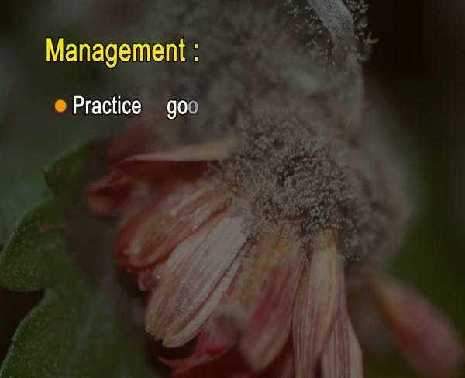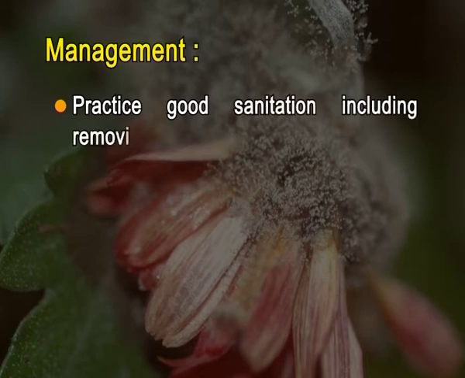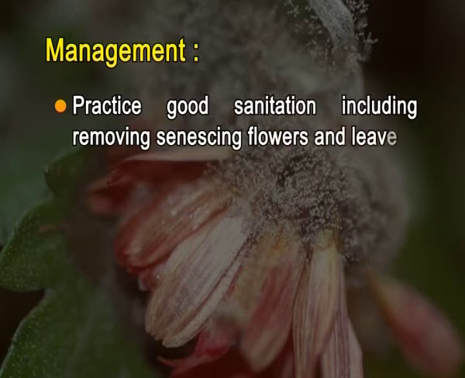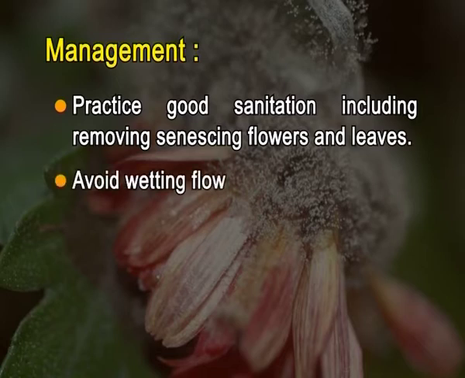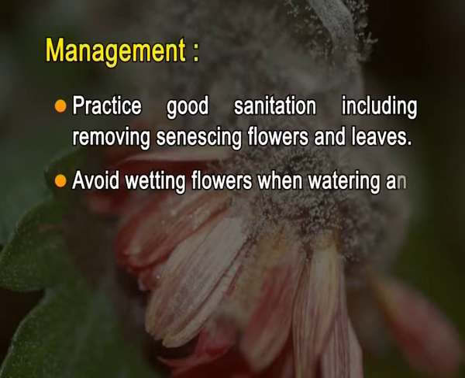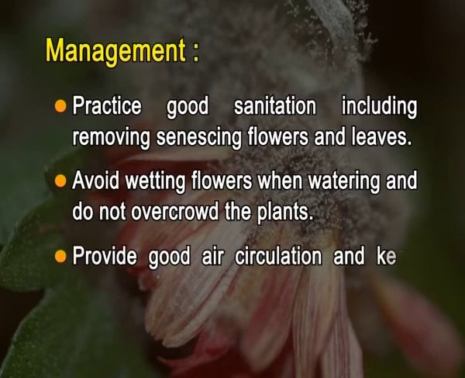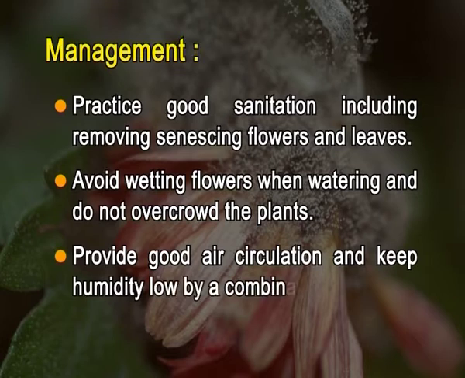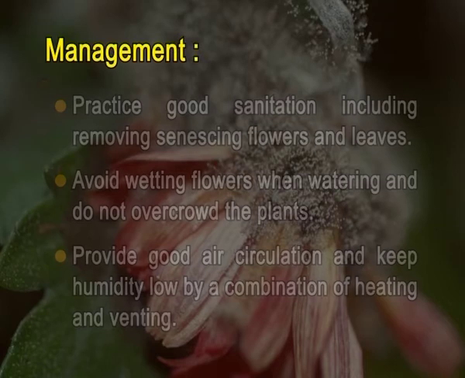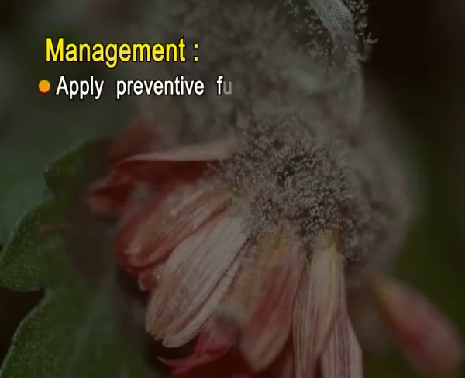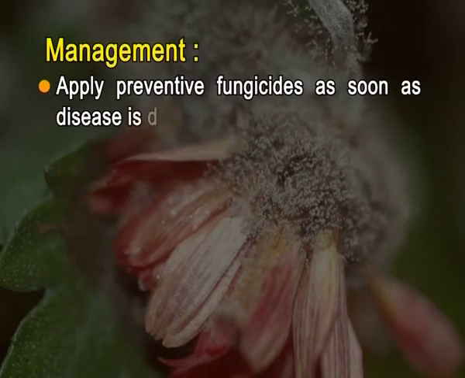Practice good sanitation, including removing senescing flowers and leaves. Avoid wetting flowers when watering and do not overcrowd the plants. Provide good air circulation and keep humidity low by a combination of heating and venting. Apply preventive fungicide as soon as disease is detected.